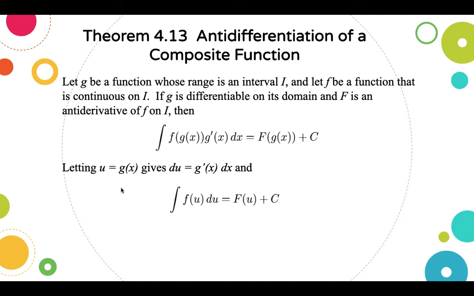This is that u-substitution that I mentioned and we'll do more with. We're saying if u is g of x, du is g prime dx, so that makes this the integral of f of u du. This is that one pattern. If we can see this, we can make our work easier.